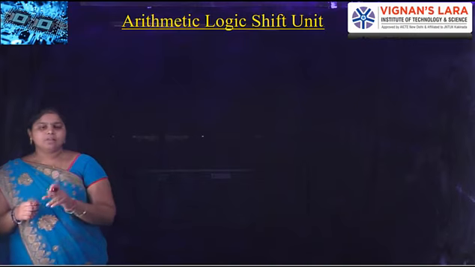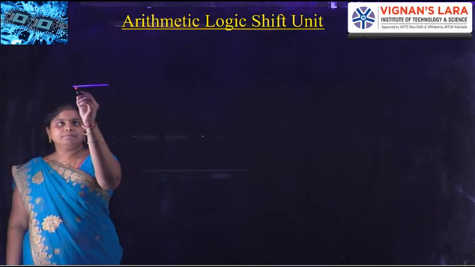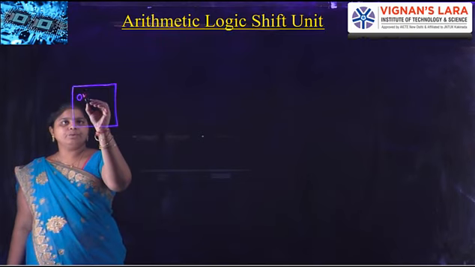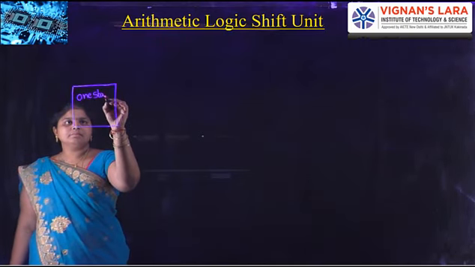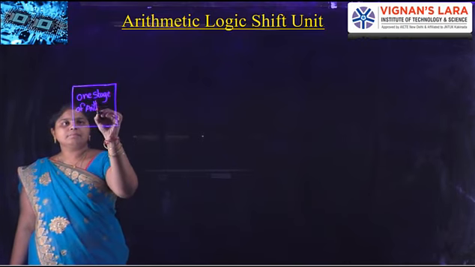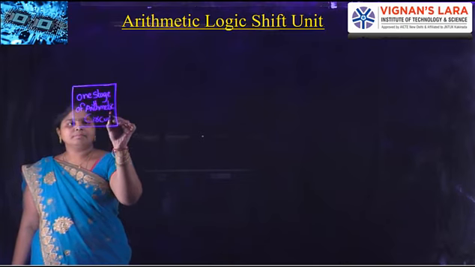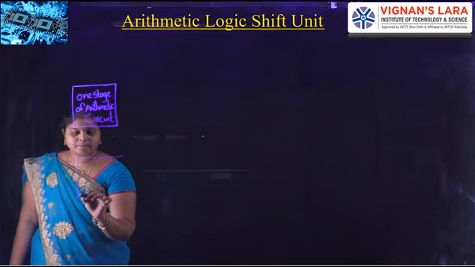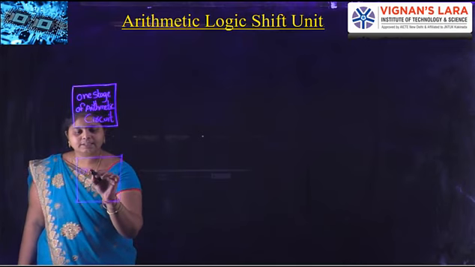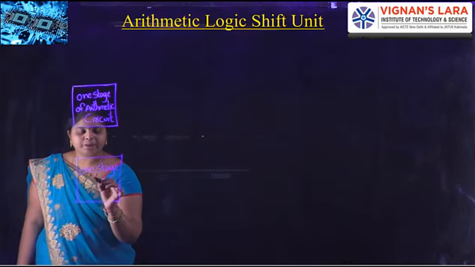First of all, we see the logical circuit of the arithmetic logic and shift unit. This is one stage of the arithmetic circuit. This hardware implementation contains the arithmetic circuit, logical circuit and shift micro operation circuit.